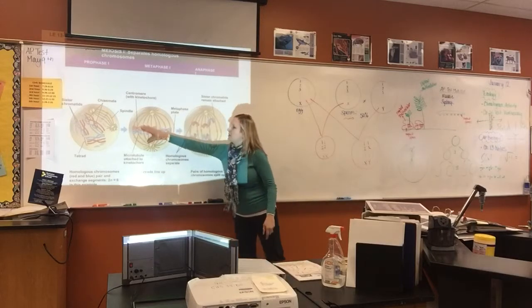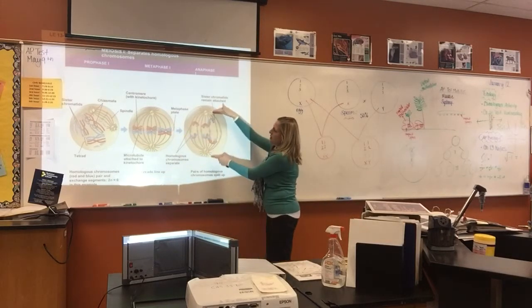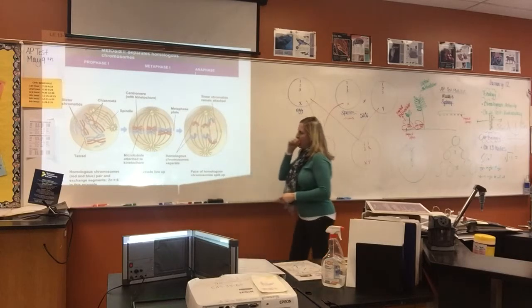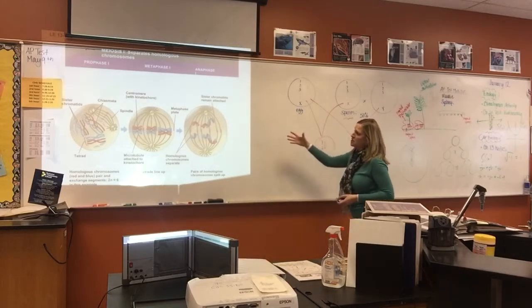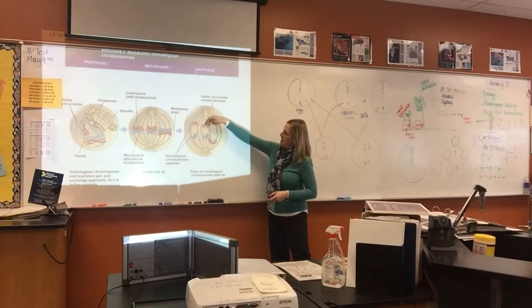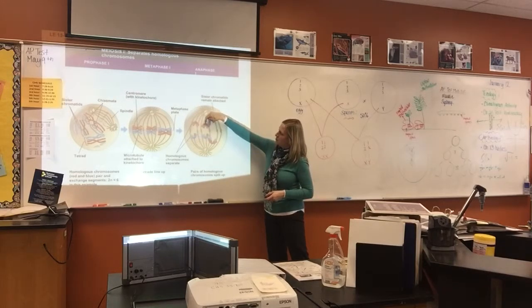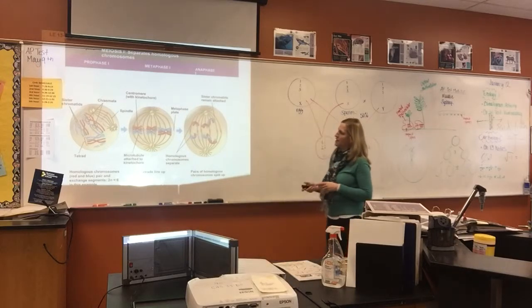They line up with their partners down the center of the cell during metaphase. The partners, the homologous chromosomes, begin separating during anaphase because there's only one spindle attached to each chromosome, so this spindle attaches here and pulls it to this side of the cell. The homologous chromosome over here only has one spindle over here, and it pulls it to the opposite side of the cell.